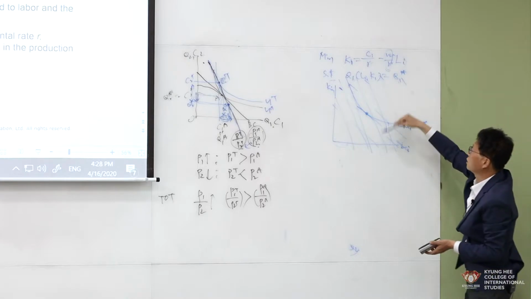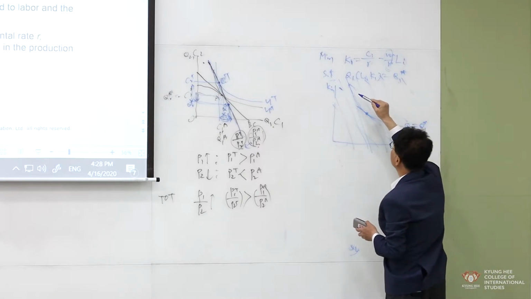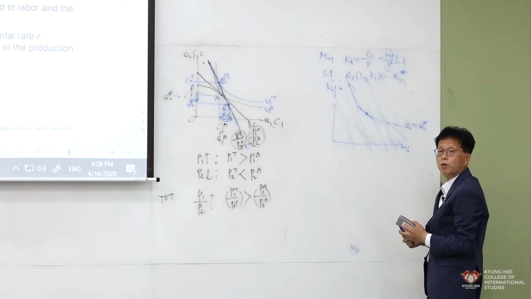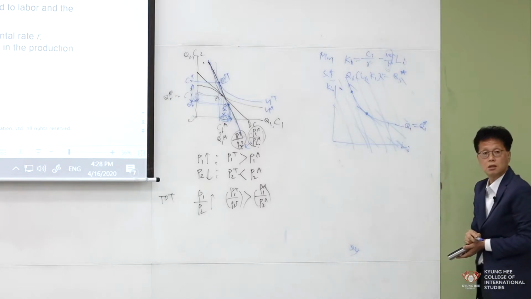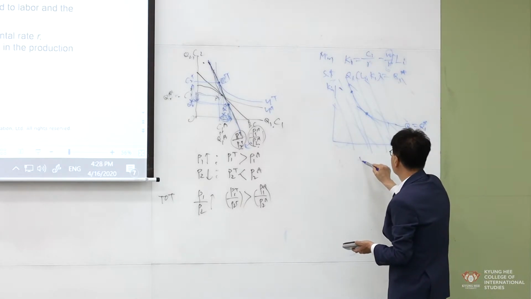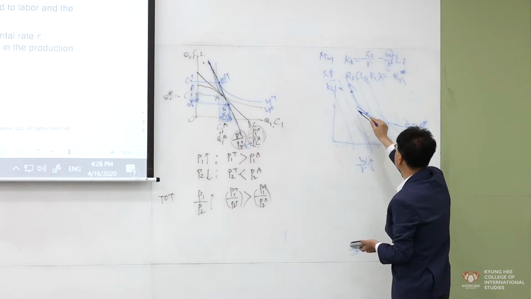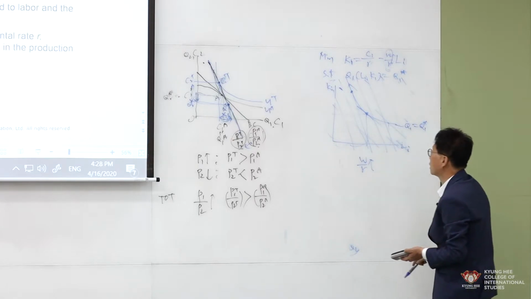The isocost line is changed like this. Then the new cost minimizing point to produce 100 pence of pizza is here. Right? So from here, what happened? W over R increased, right? Then this is L, that is K.